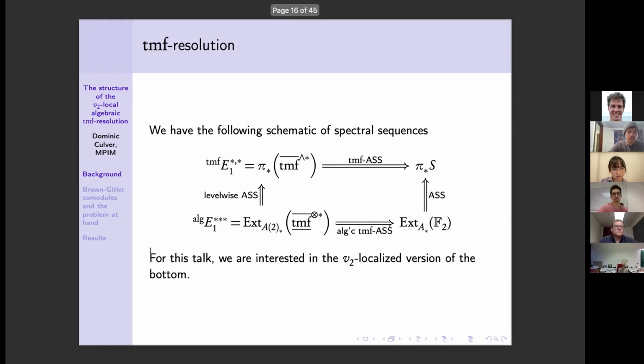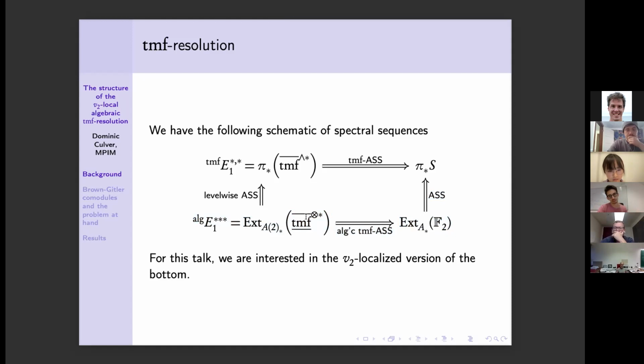Okay. So now what I want to do is try and simplify. The motivation for that is actually coming from Mahowald's work. So there's a similar scenario where you replace TMF with connective real K-theory.